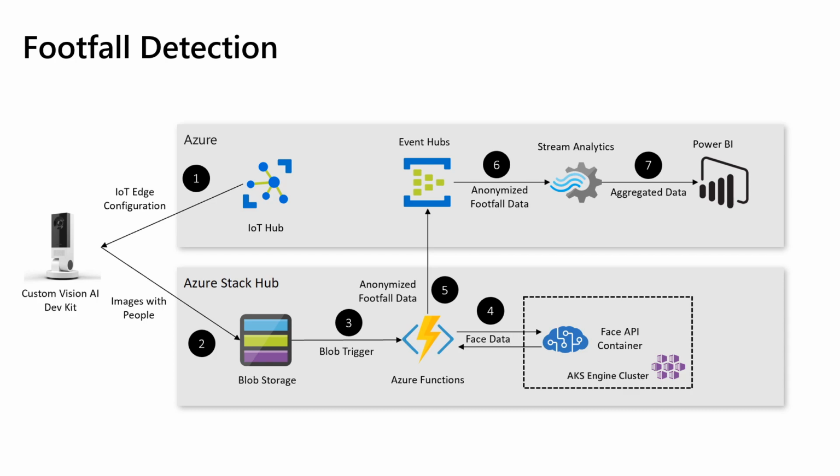The anonymized aggregated data of the face analysis can be sent to Azure to aggregate across all the stores this retail chain might have and provide visualization on Power BI.